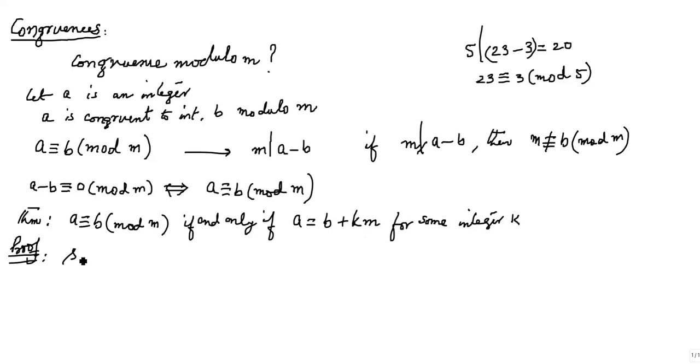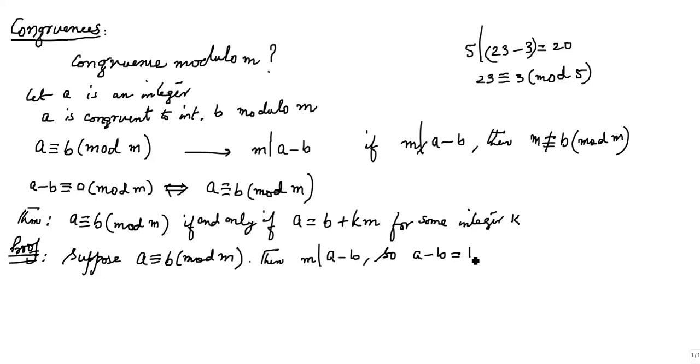So we suppose A is congruent to B modulo M. So we just apply the definition of congruence modulo M. So this definition says M divides A minus B. So if M divides A minus B, then A minus B must be equal to some integer times M.